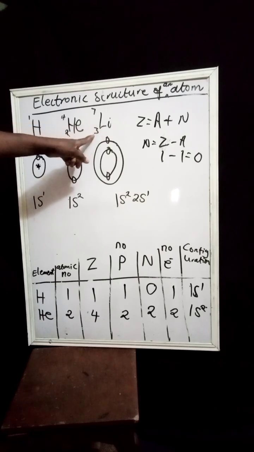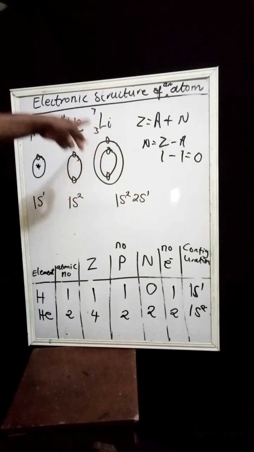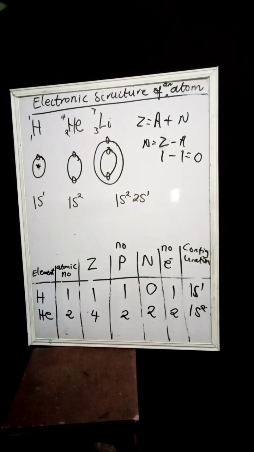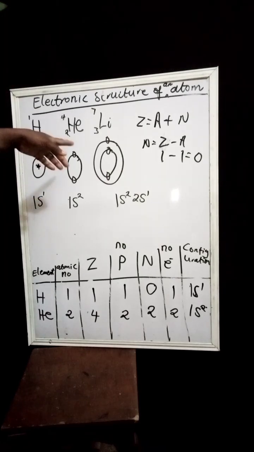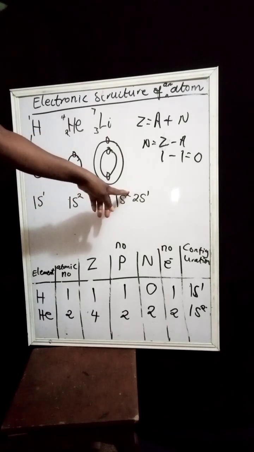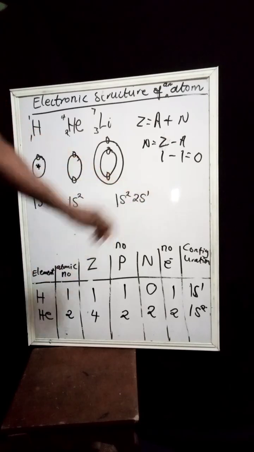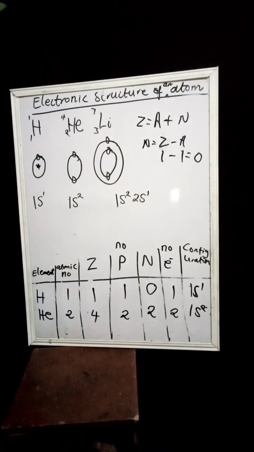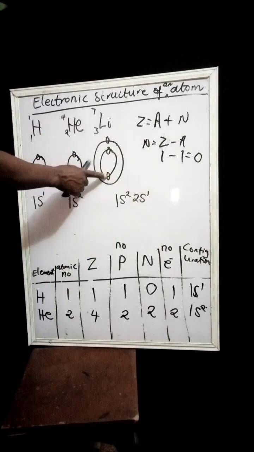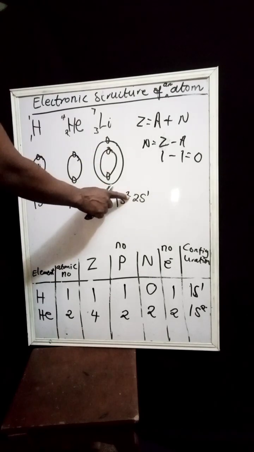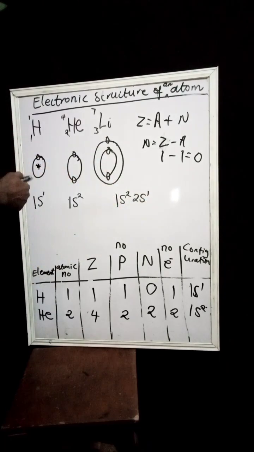Since proton is 3, it means the number of electrons is 3. Then the configuration is 1s squared, 2s to the power 1. Remember, we have 3 electrons. 1, 2, 3. 2 plus 1 gives you 3.